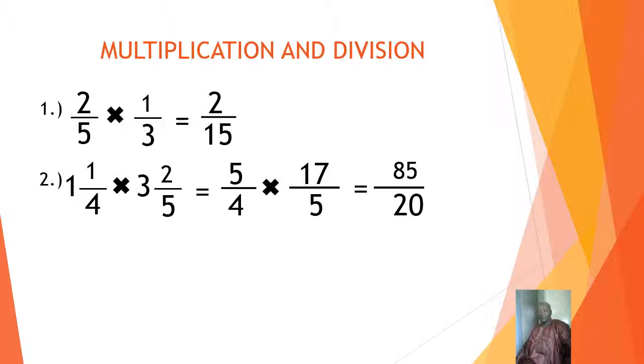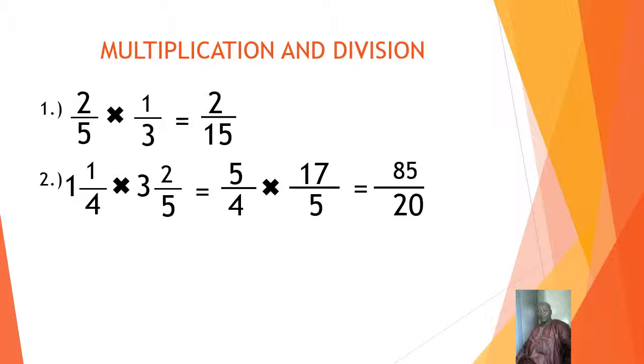Example 2. This is a much more complex case because we are multiplying mixed fractions together. So firstly, we have to resolve the mixed fractions into improper fractions. This is done by saying the first one, which is one whole number 1 over 4, should be resolved into 5 over 4. This is done by saying 4 times the whole number part 1 plus the numerator 1, which would give us what? 5 over 4.